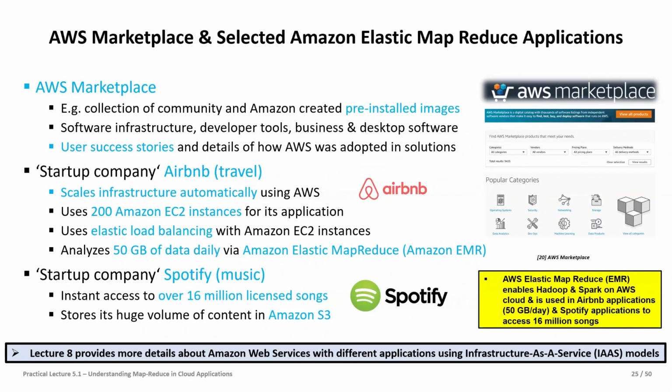Again, 50 gigabytes of data analyzed daily, for instance, in Airbnb, and then also the Spotify music, where you have basically this volume content really in Amazon S3 accessible, and this is giving you also, let's say, the scalable idea of how you can access these licensed songs. This over 60 million is probably by now even outdated, might be much more.